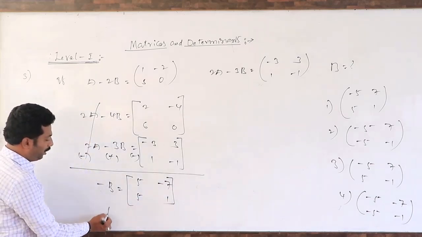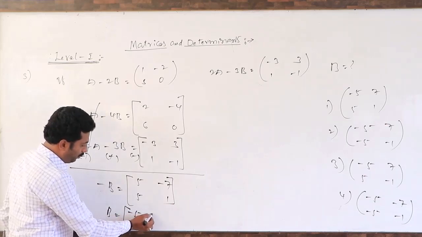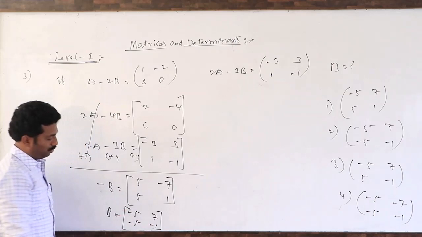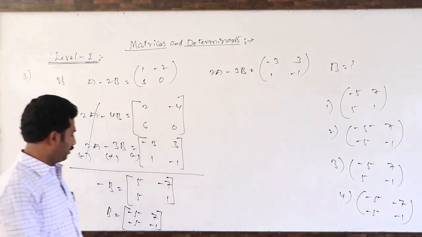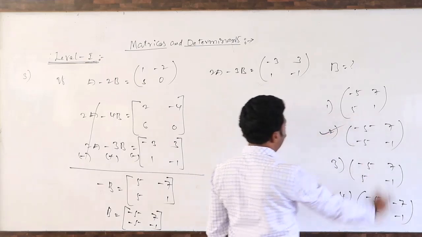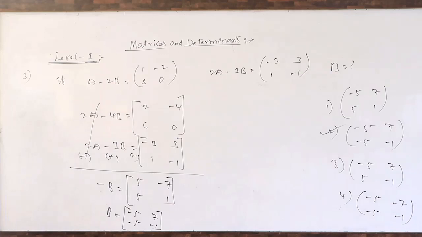Only we require B, so multiply with minus, means minus 5, plus 7, minus 5, minus 1. So minus 5, 7, minus 5, minus 1. So clearly we can give the second option as the answer. Next.